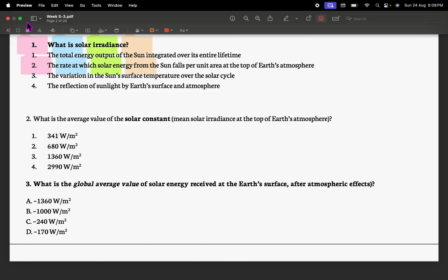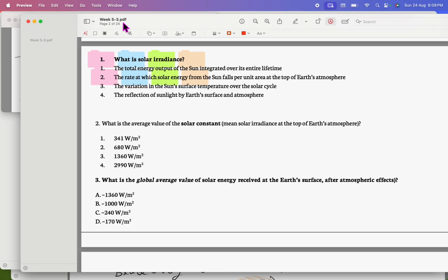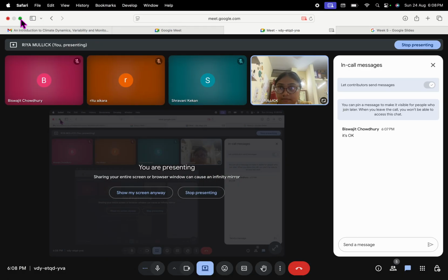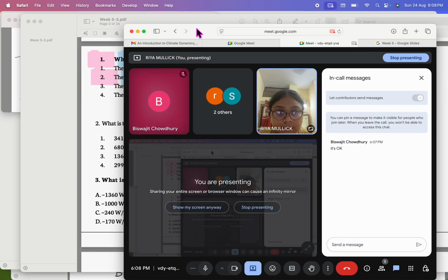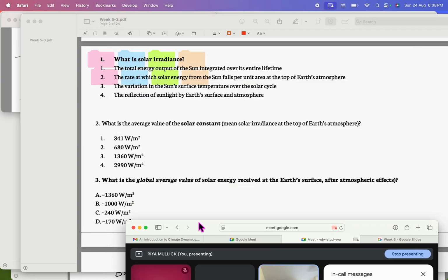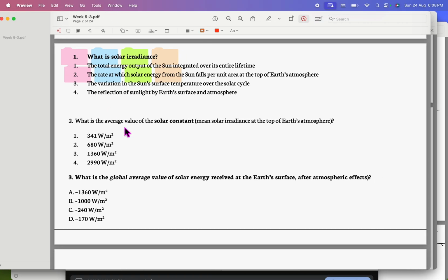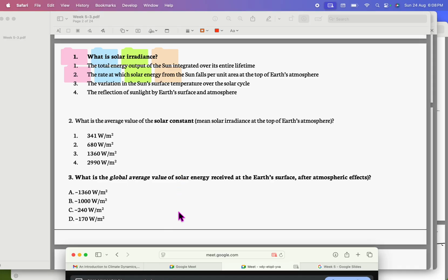Which of the following options are correct? What is solar irradiance? You can unmute yourself or you can write your answer in the chat box.